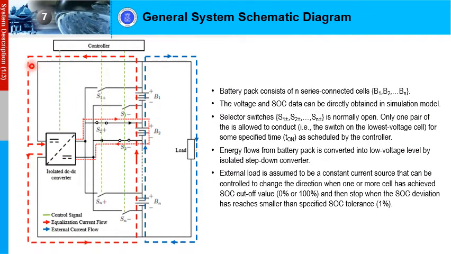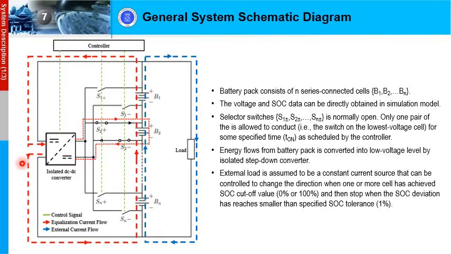This is the general system schematic. The battery pack consists of N series-connected cells, and the selector switch is normally open. Only one pair of them is allowed to conduct for some specific time as scheduled by the controller.